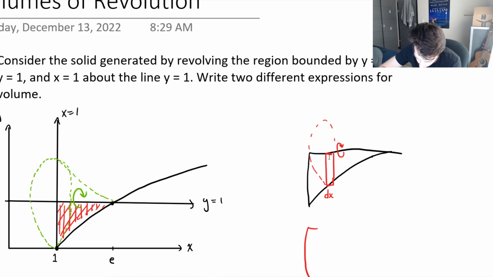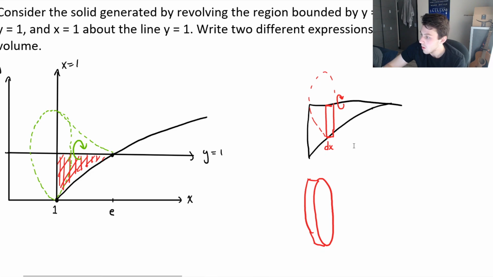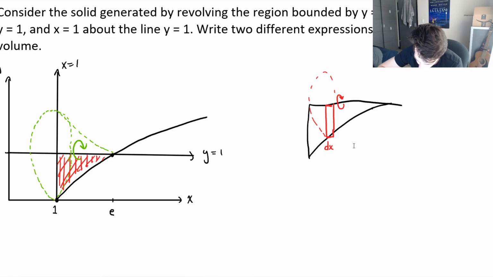Let me try to do a good job of drawing this. Something like this. Not the greatest drawing. Let me try that again and make it a little larger. Yeah, this is a little bit better.